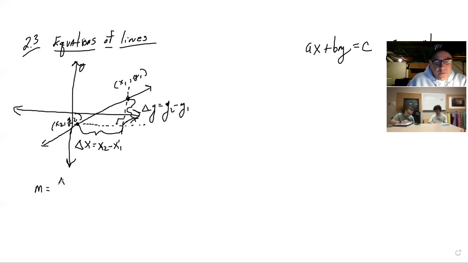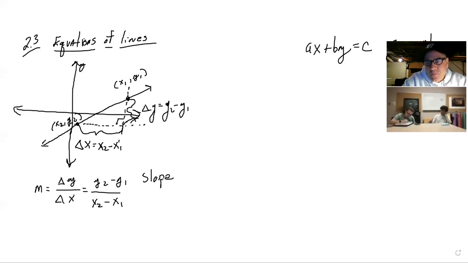We're going to have change of y over change of x, which again, calculating it would simply be the difference of the y coordinates of those 2 points divided by the difference of the x coordinates in the same order that you did the y coordinates. And we're going to call this number slope, so that it'll give us an idea of exactly how that line is oriented just by knowing the number.